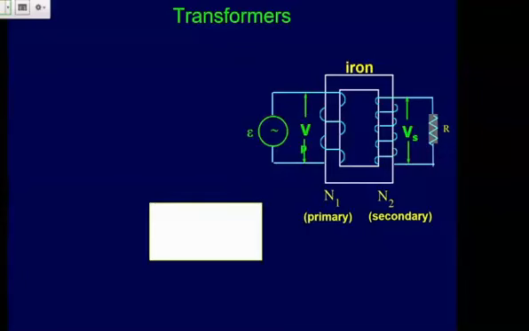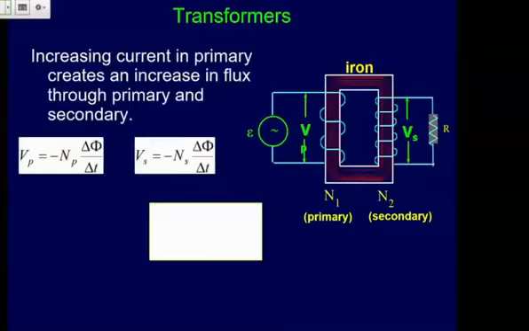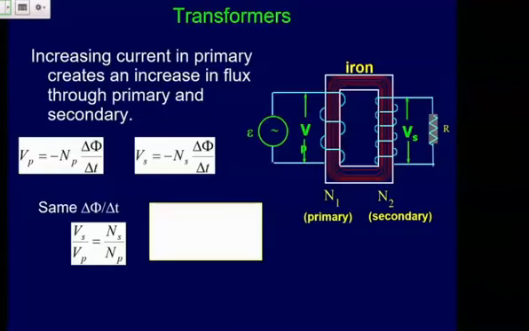By changing the number of coils, you can change the voltage you get. The voltage of the primary, by Faraday's law, is the number of primary loops times the change in flux. The voltage of the secondary is the same thing, with the number of secondary loops. The change in magnetic flux through this iron is the same.